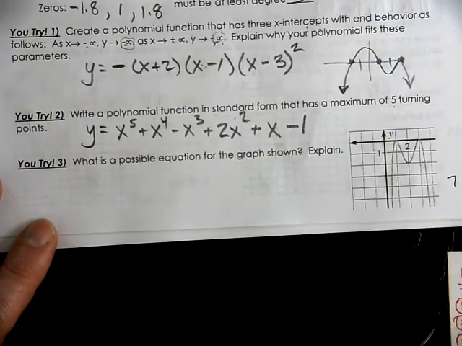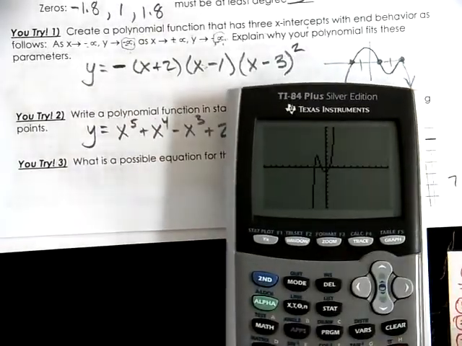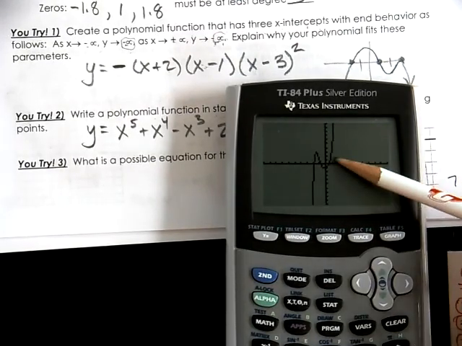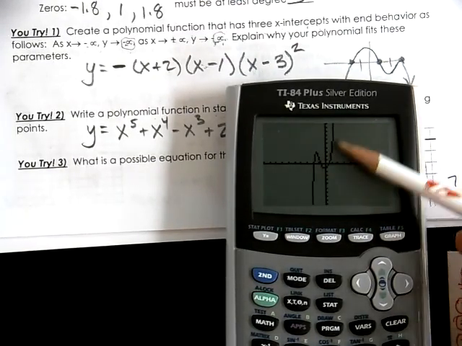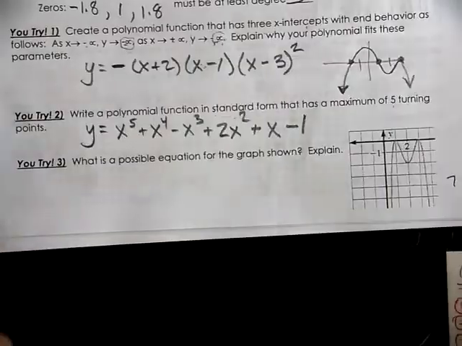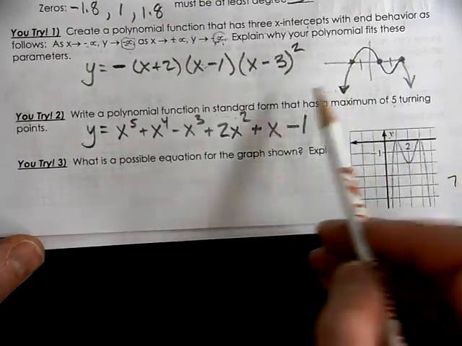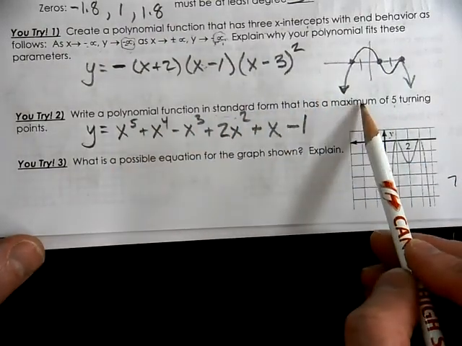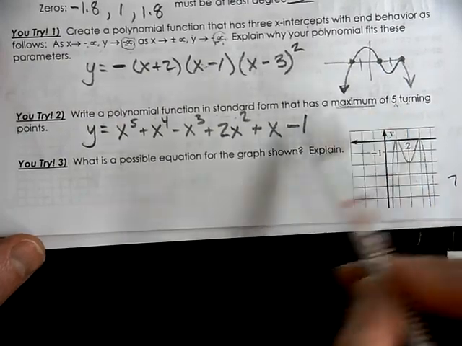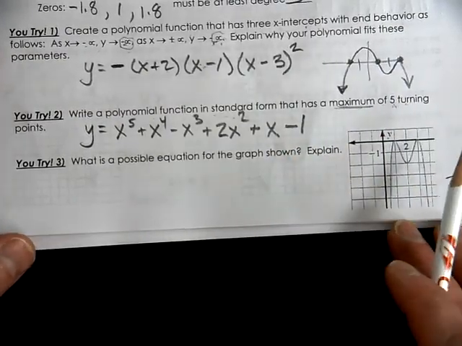Therefore, that might not calculate mathematically into 5 crosses. So this looks like a cubic, but it's actually the 5th degree. That's why this is a maximum of 5 turning points. It may not actually reach 5 turning points.